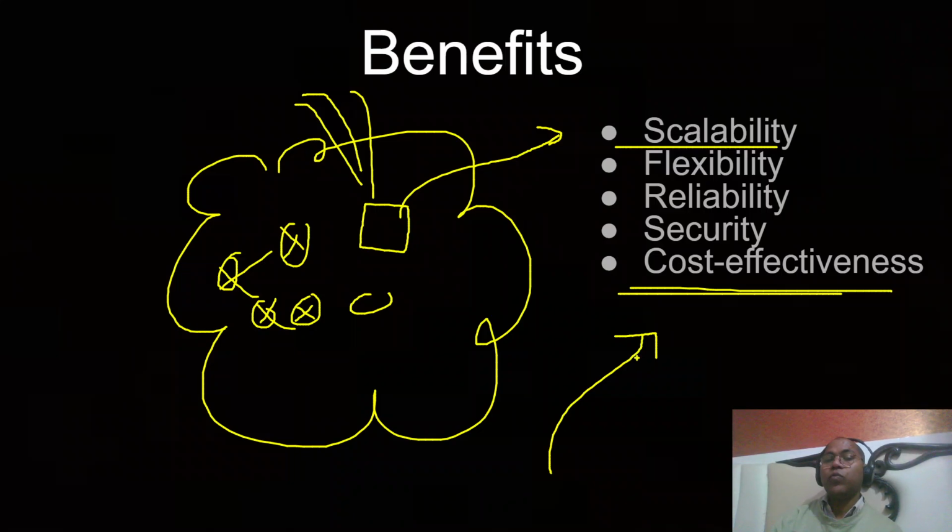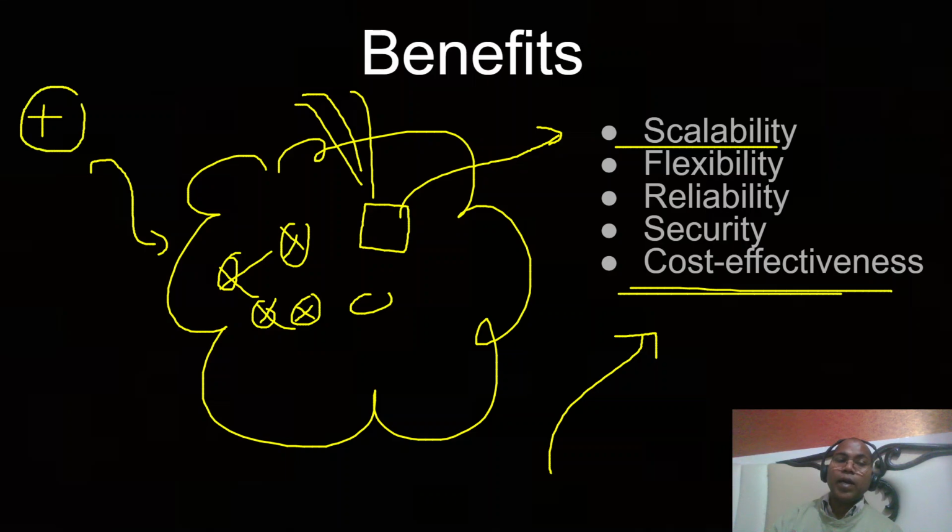Why are we moving to the cloud? A couple of benefits. First, cost effectiveness, because on a particular day or period of the month, I may require 100 servers. Purchasing 100 servers, setting them up, maintaining the cooling system, power system, and networking takes time and cost.